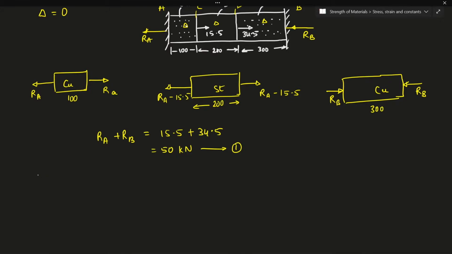Now delta of AB total will be equal to 0. This can be split into delta of AC plus delta of CD plus delta of DB totally equal to 0.